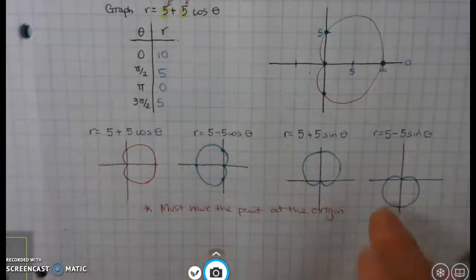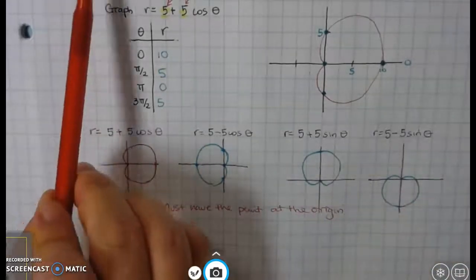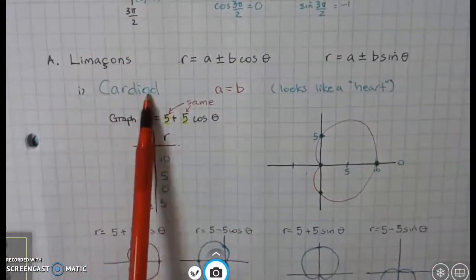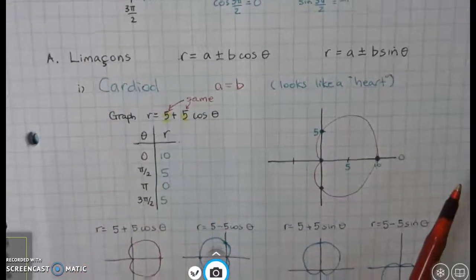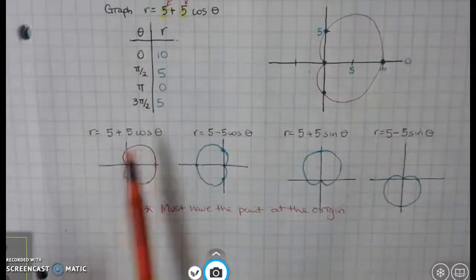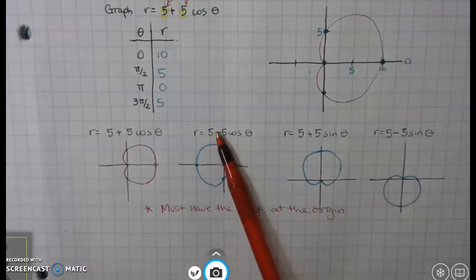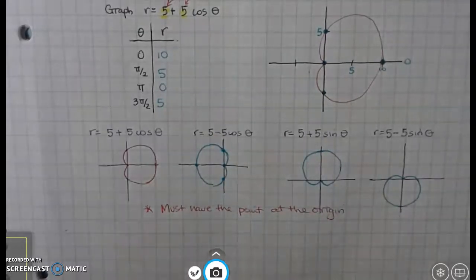And what we've just observed here is going to be true for all limaçons. Okay, all the limaçons, this is a big category, and cardioid is just one type of limaçon. So all the limaçons can be oriented up and down or left and right, and that depends on whether it's positive or negative and whether it's going to be sine or cosine.